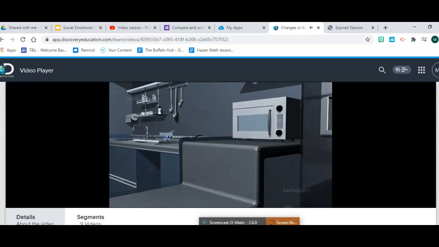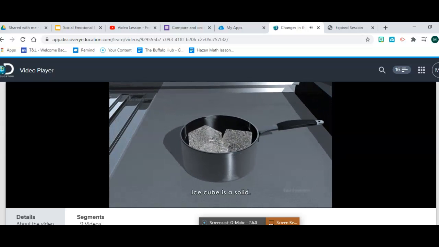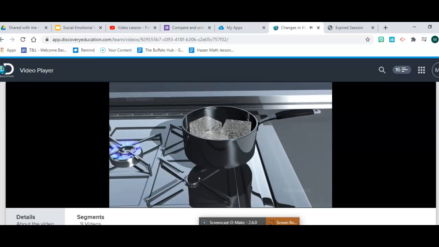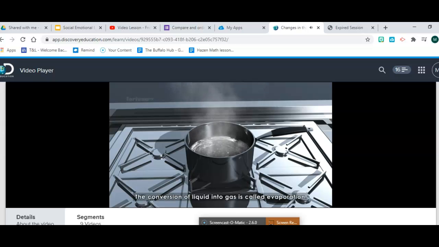Let's look at how matter changes its forms. An ice cube is a solid. When heated, the solid will convert to a liquid. The conversion of solid into liquid is called melting. If we heat water, it will slowly boil and vapors begin to appear. Vapors are the gaseous form of a liquid. The conversion of liquid into gas is called evaporation.